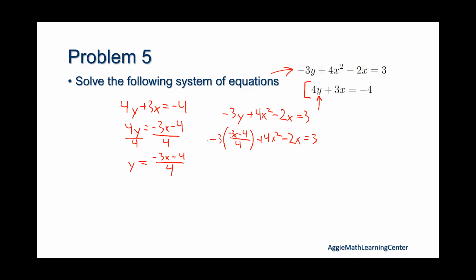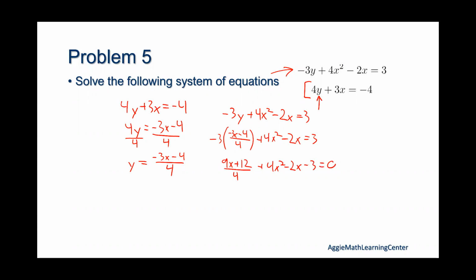I'm going to distribute this negative 3 in here, and we end up with (9x plus 12), all of which is over 4, plus 4x squared minus 2x, and I am just going to move this 3 over here, equals 0.